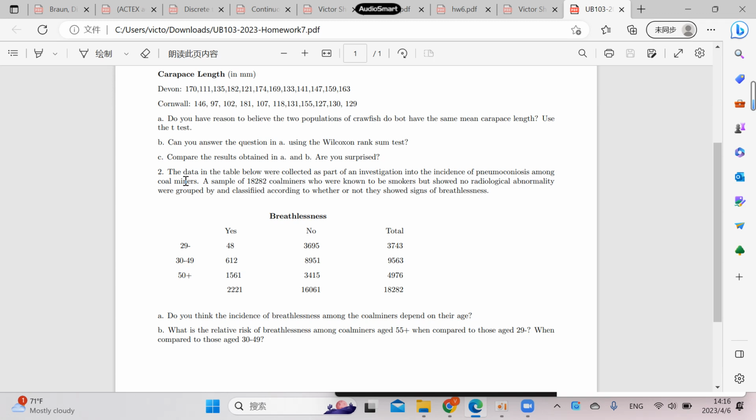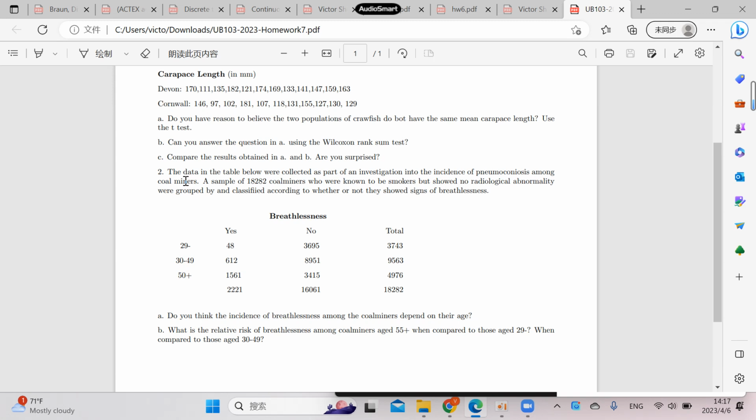And if age and breathlessness are independent, then the probability of both of them, aged under 29 and having breathlessness, that's the probability of A and B, should equal the probability of A times the probability of B. So under our assumption, your expected probability of both breathlessness and under 29 years old is 3,743 divided by 18,282 times 2,221 divided by 18,282. And that's a probability.